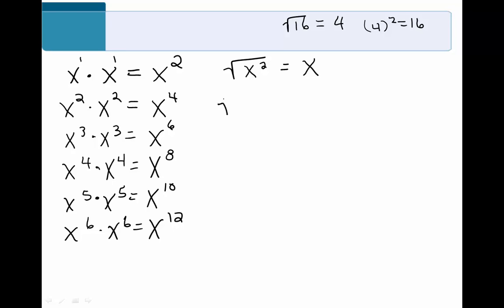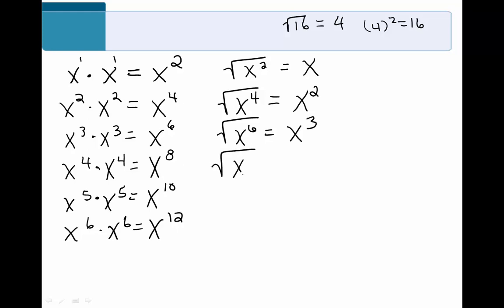If we're trying to find the square root of x to the fourth, well, that's going to be x squared, because x squared multiplied by itself is x to the fourth. The square root of x to the sixth is equal to x cubed, because x cubed multiplied by x cubed is x to the sixth.